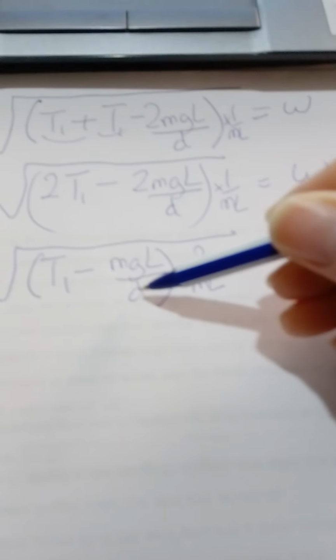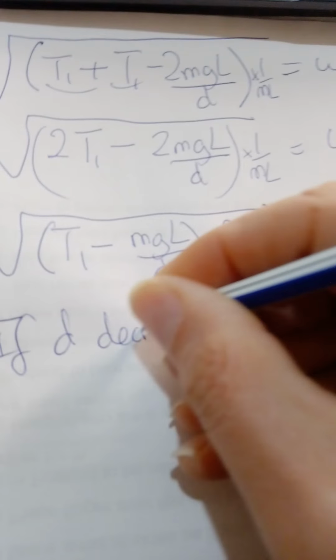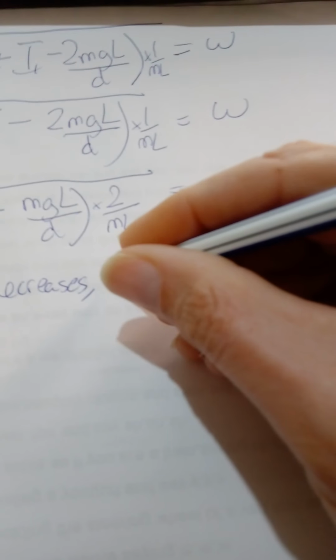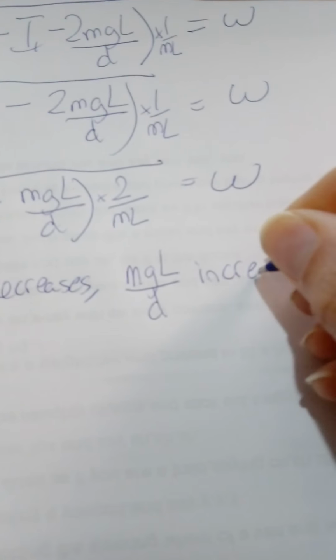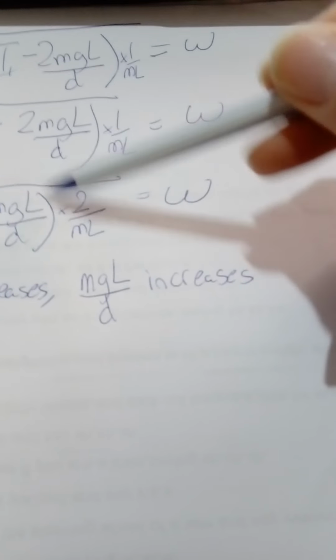And as we can see, if small d decreases, mgL on d will increase, because if the denominator decreases, all the value is going to increase.